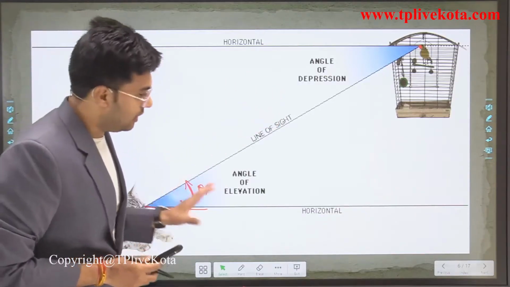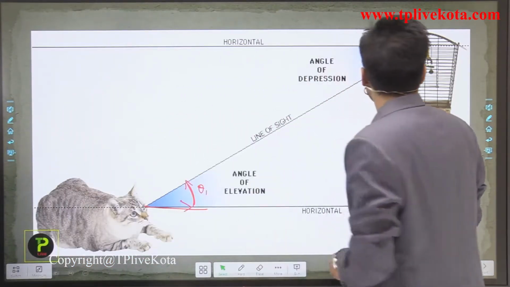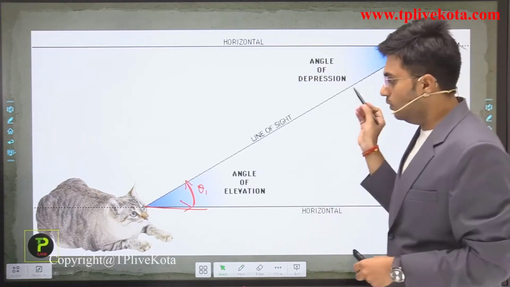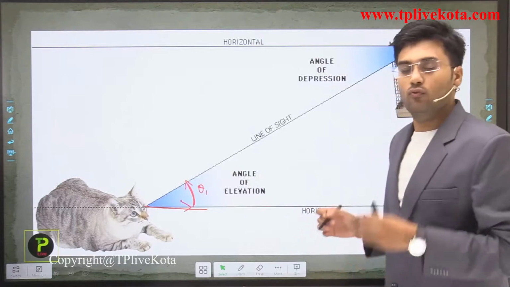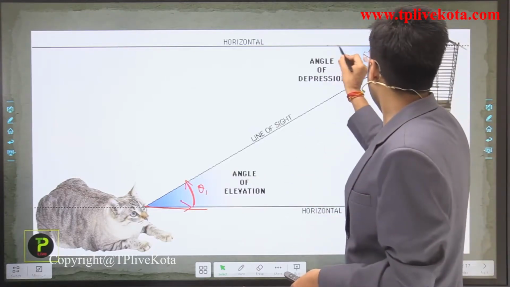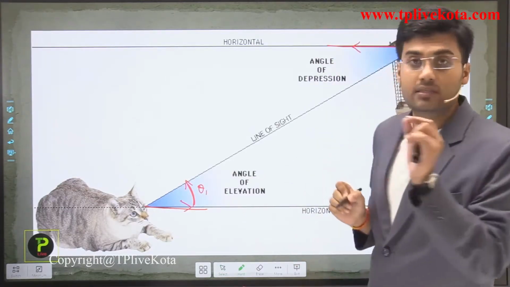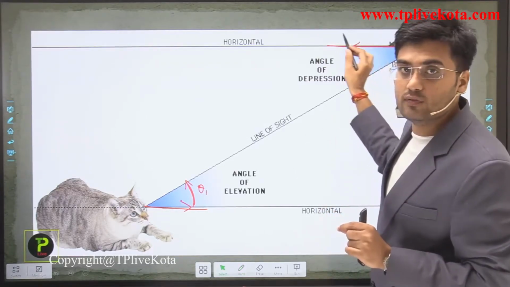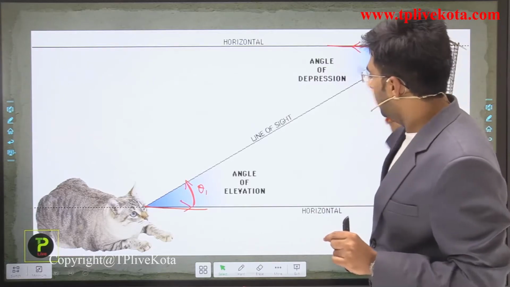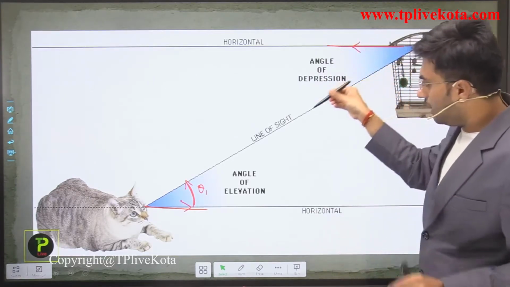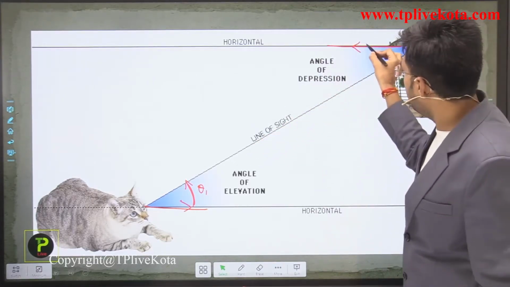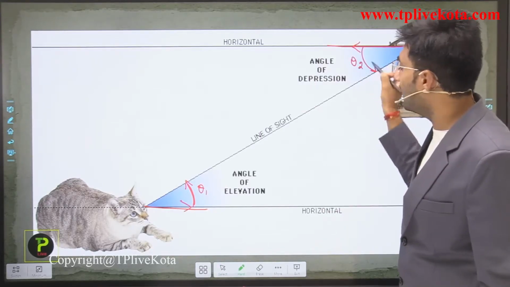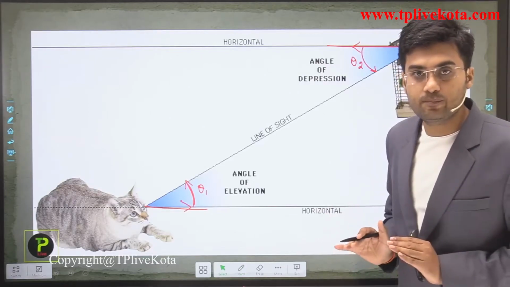Now if this bird looks at this cat, then this is the horizontal line for the bird's eyes. If the bird looks at the cat, then this angle is the angle of depression. Clear?